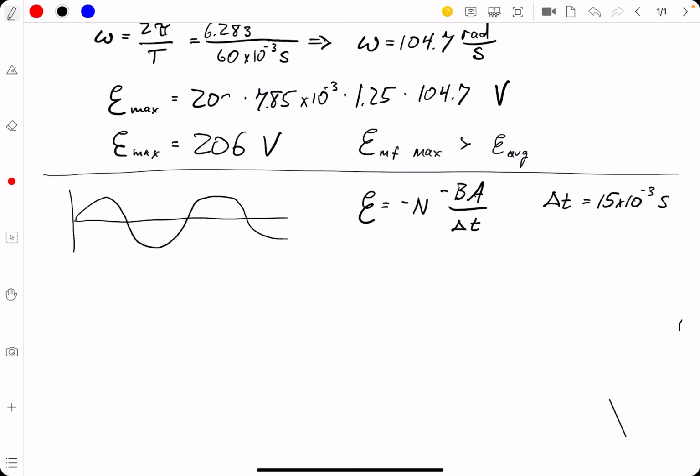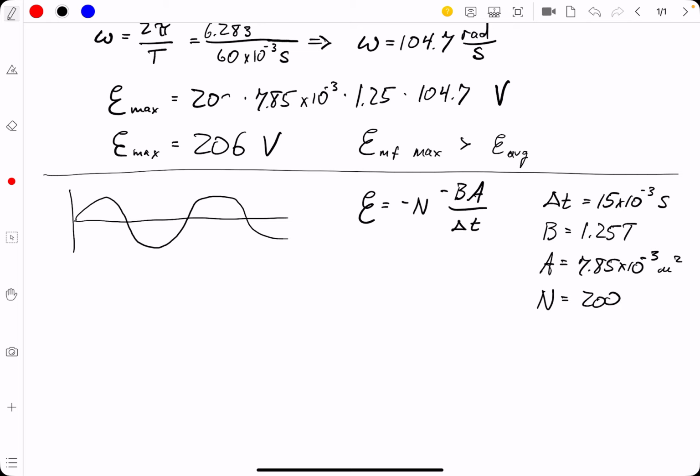Okay? So we've got the same B. So our B is still the 1.25 Teslas. And we've still got the same area, and that was 7.85 times 10 to the minus 3 meters squared. And then our N, of course, was the 200.